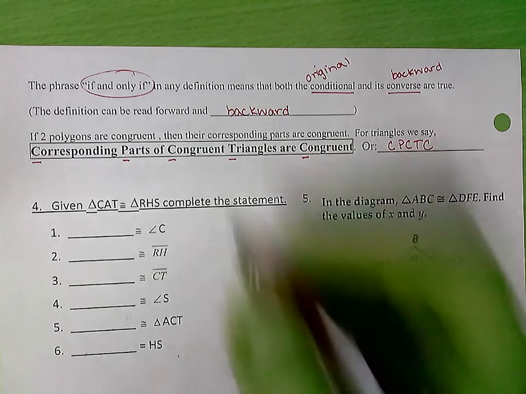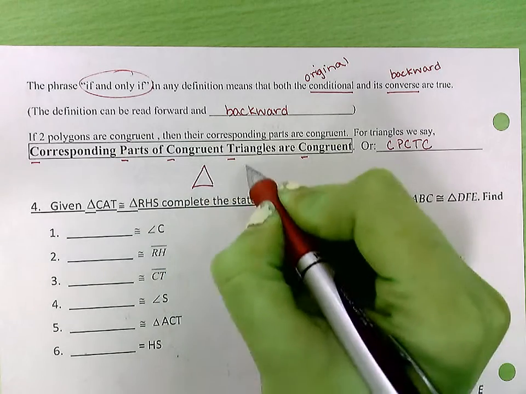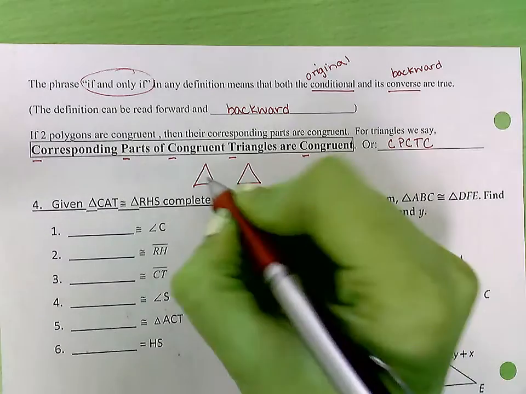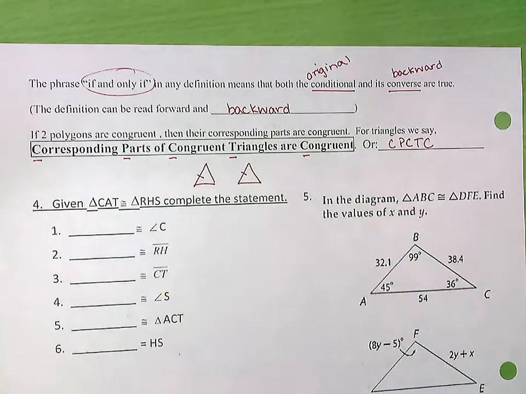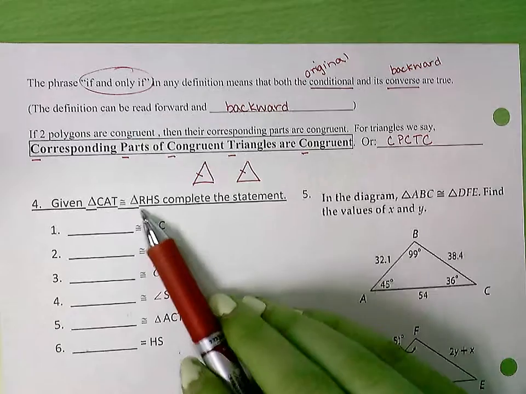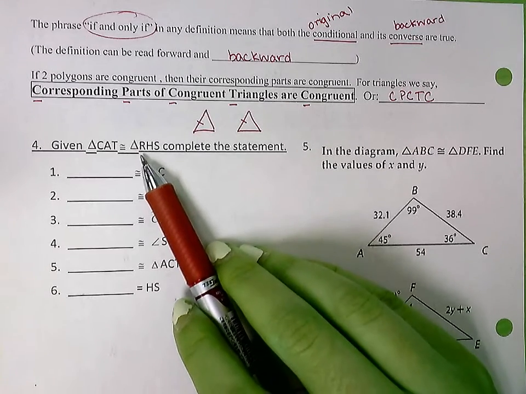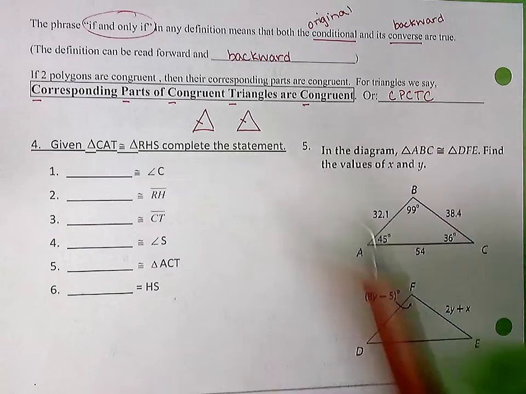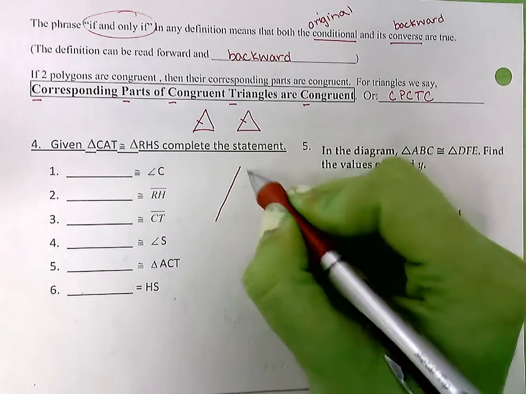So if I knew these 2 triangles were congruent, I could say their corresponding parts, such as these 2 sides, are also congruent because those triangles were already congruent. That's all that this statement says. So we're going to use that in number 4 here. We have two triangles that are congruent. I can draw out those triangles.